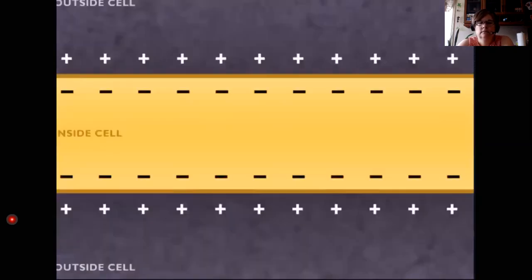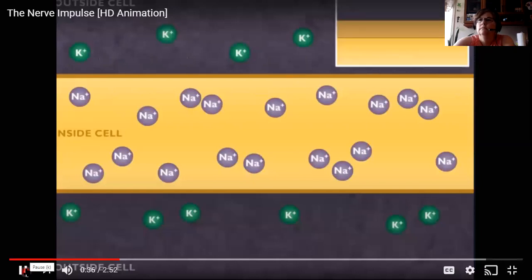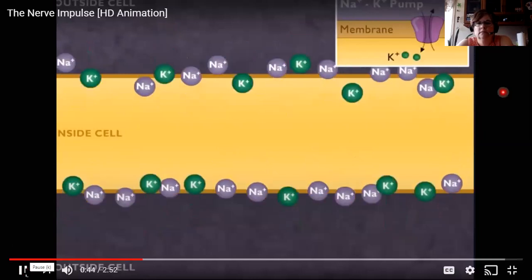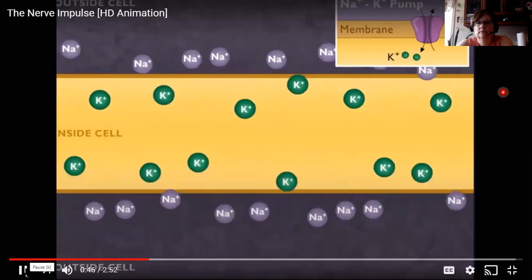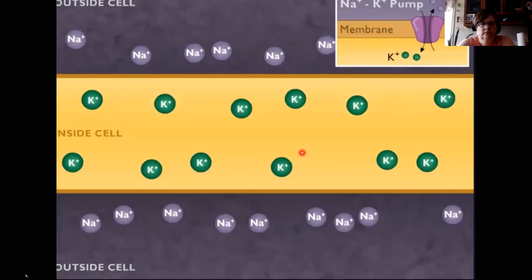This charge difference is produced and maintained largely by active transport using sodium-potassium pumps. The pumps send sodium ions out of the cell and bring potassium ions in. While other channels allow some flow of potassium ions back out of the cell, the sodium ions cannot easily get back in to replace the lost positive charges.